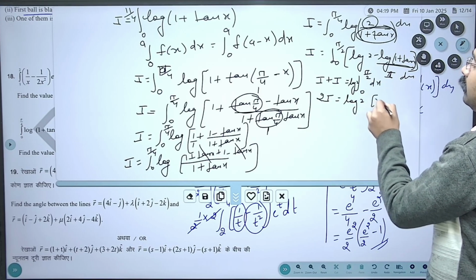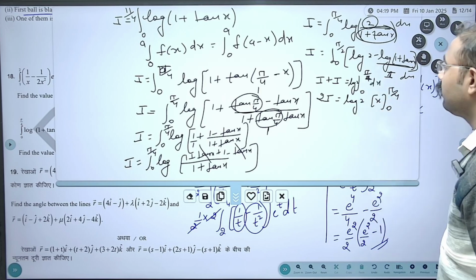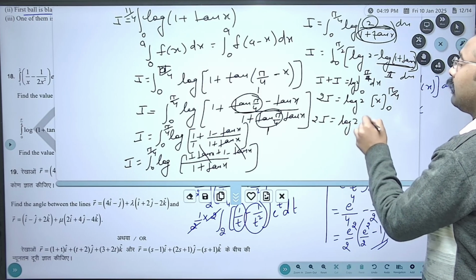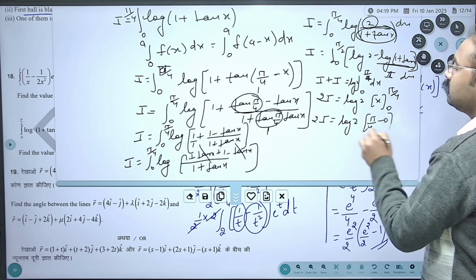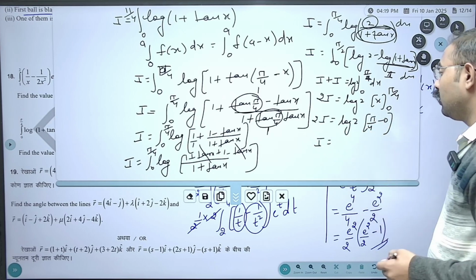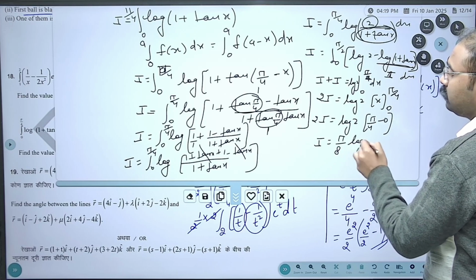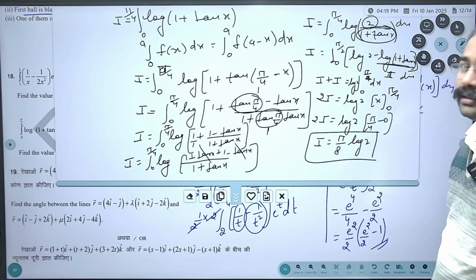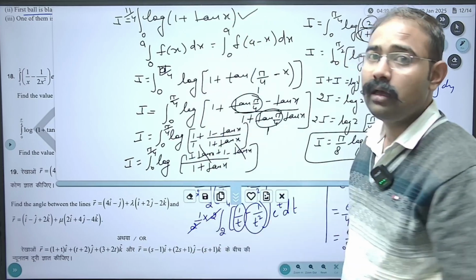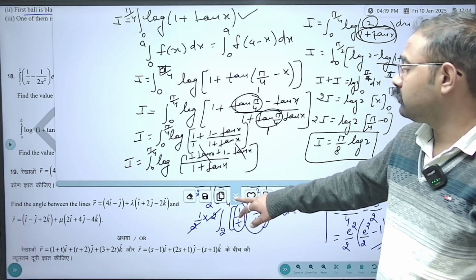Integration of dx will be x, and its limit 0 to pi by 4. 2I is equal to log 2, and by applying limit pi by 4 minus 0, I is equal to pi by 4, this 2 will go in the denominator, then pi by 8, and we have this log 2. This is the solution of this integration. This is very important as per your upcoming board exams also. So understand this question carefully.